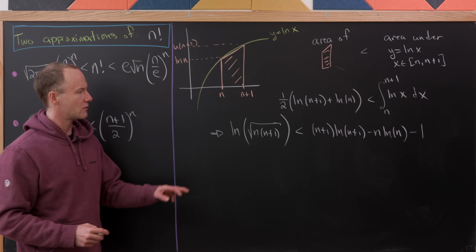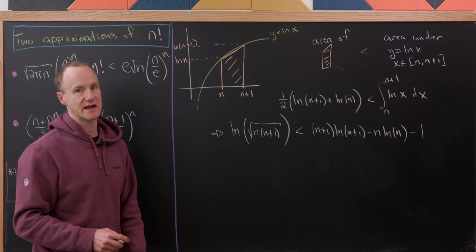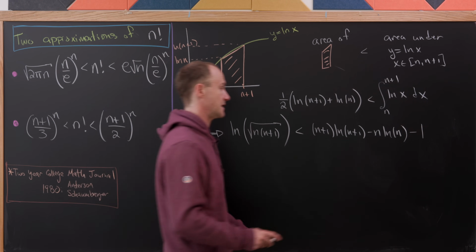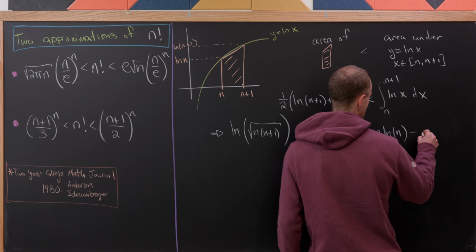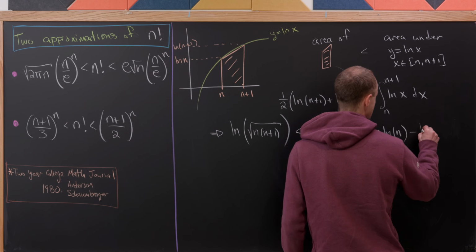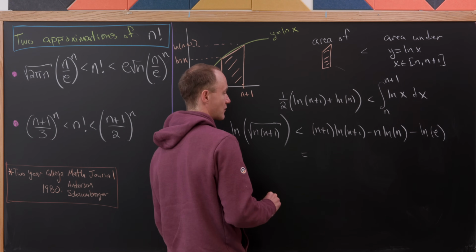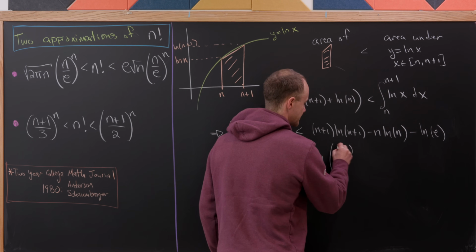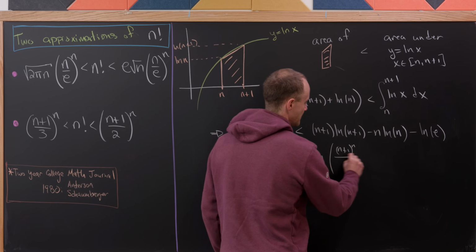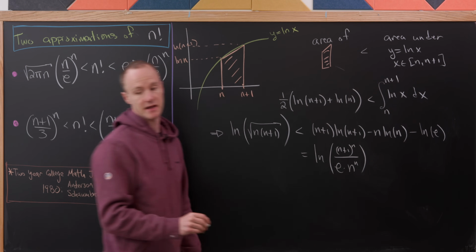Now let's observe that we can put all of this stuff together on the right-hand side using logarithm rules again. So I'm going to take this number 1 here, and write it as the natural log of e. That allows me to write the right-hand side as the natural log of n plus 1 to the n plus 1 over e times n to the n.